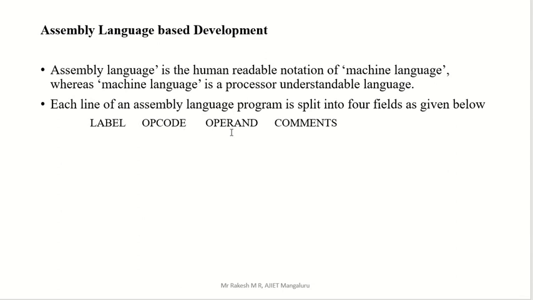Then we have operands. The opcode is the operation we are going to perform on the operand. We can call it data. So either in this place we put data directly, or we use a register in the place of the operand, and inside the register we have data, or we go for memory in the operand place.